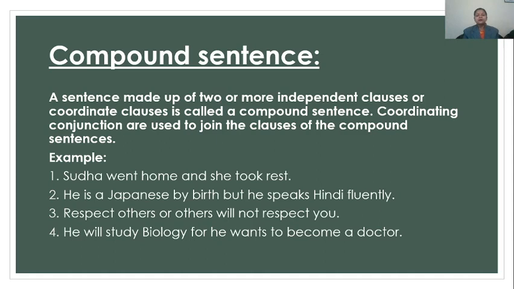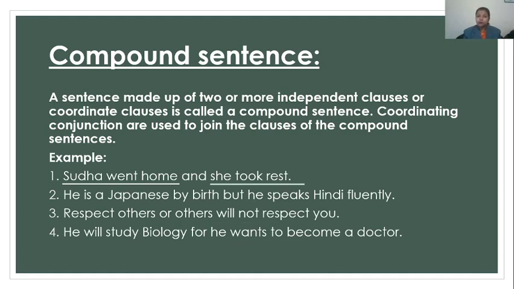Now, Sudha went home and she took rest. Find out the number of clauses. If it is single, then it is a simple sentence. But if it has more than one clause, then only it is a compound sentence, and both clauses must be independent clauses, your coordinate clauses. Sudha went home. This is my first independent clause because it is complete in its meaning. The second is she took rest.